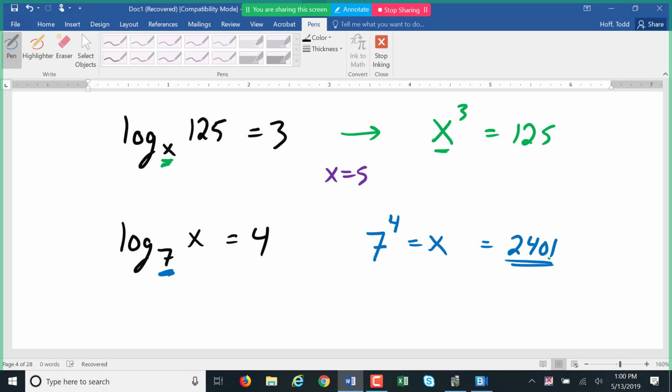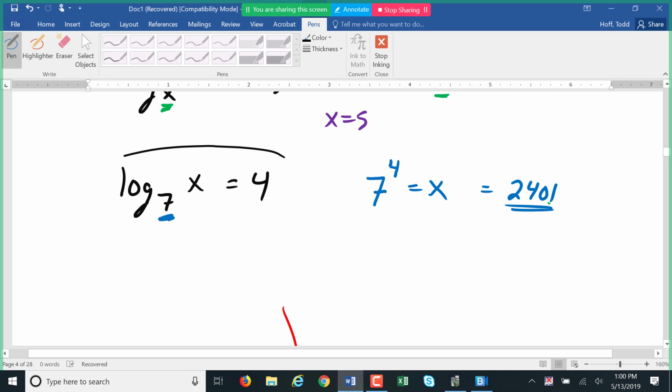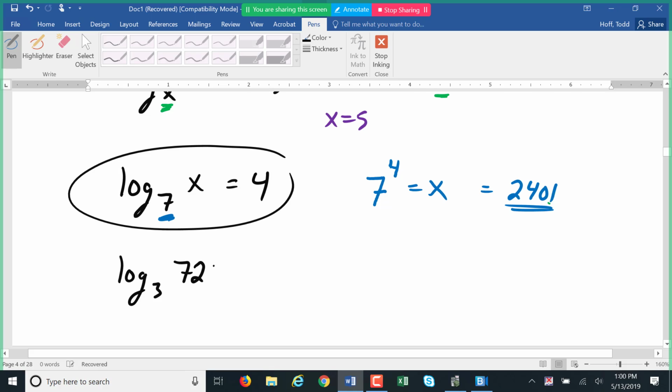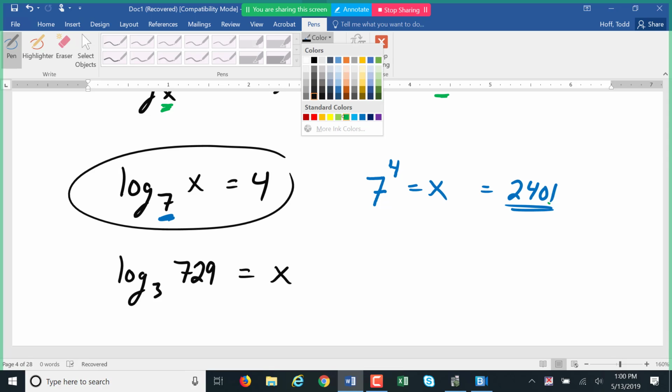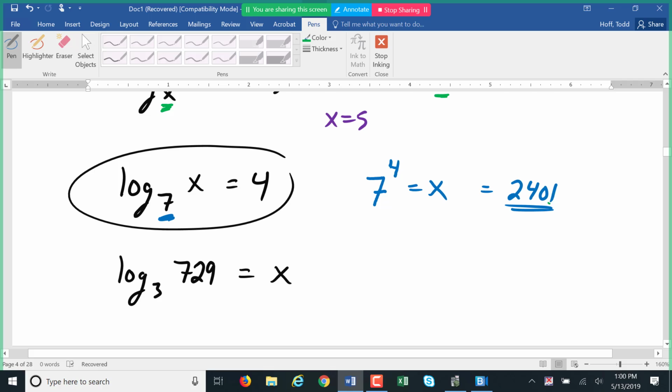The ones that are going to be taking place in most of the equations we solve today might be log base 3 of 729 equals x. And this is where we had to just calculate it out. That's saying 3 to the power of x equals 729.